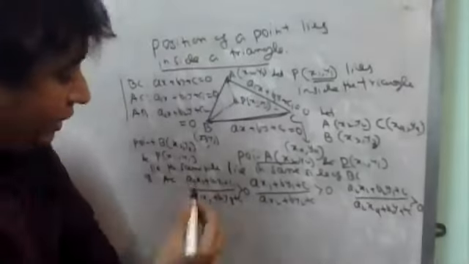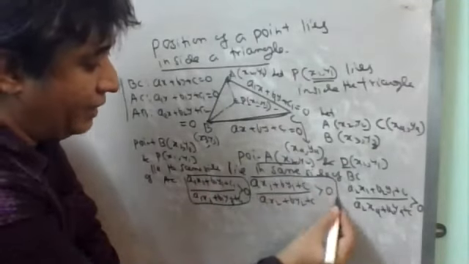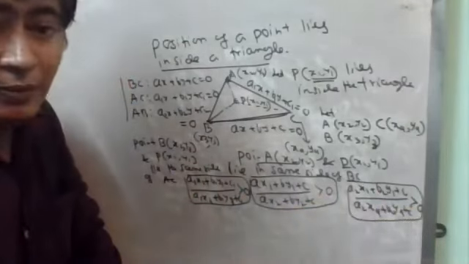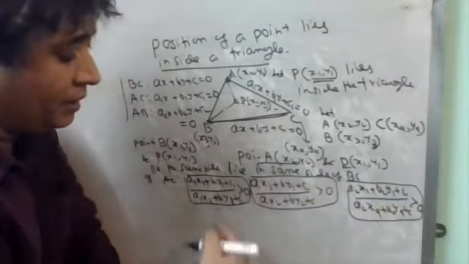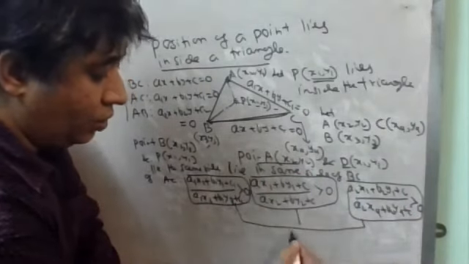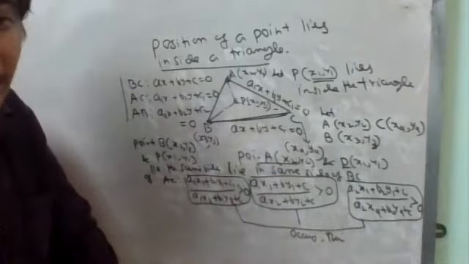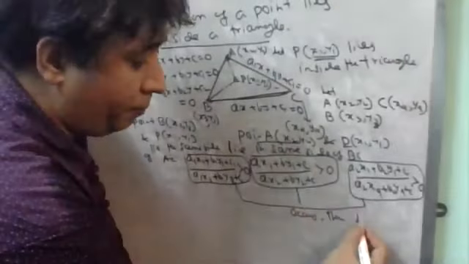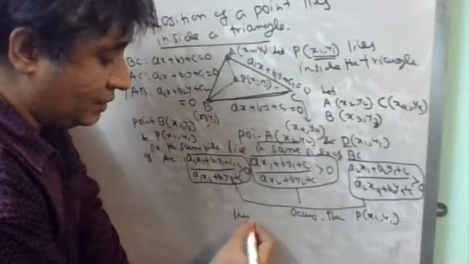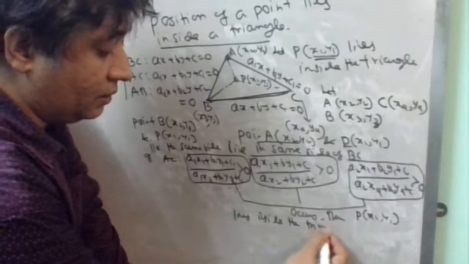Okay, so if these three conditions occur at a time, then I can say P x1 y1 lies inside the triangle.